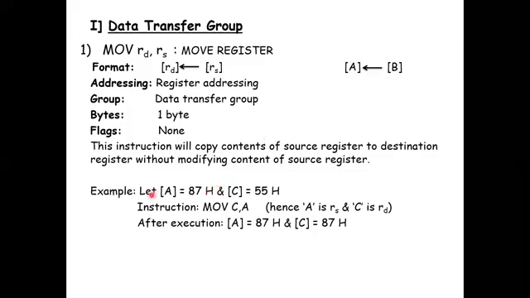For example, let A equal 87 and C equal 55. The instruction MOV C, A copies the data of A to C. So A value remains 87, and after execution C value will be 87. This is an example of data transfer, because we are copying the content of the accumulator to C.